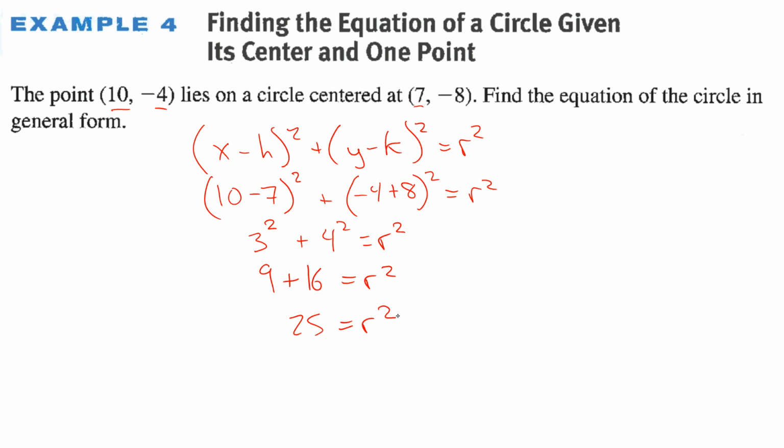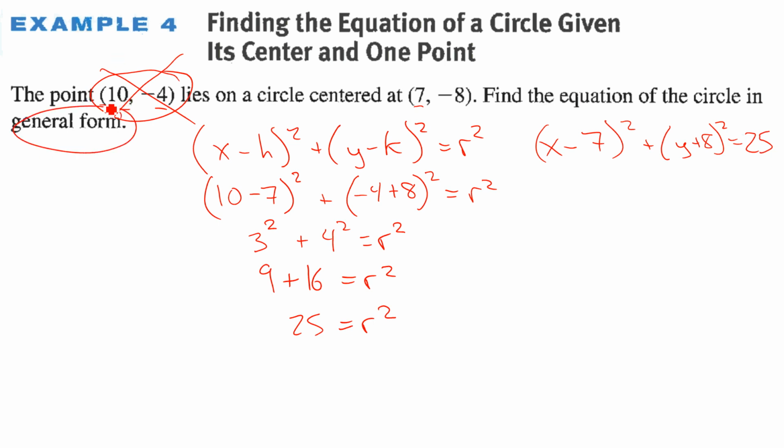So let's go back to our original equation with a general point, not this one anymore. So we'll say x minus 7 squared plus y plus 8 squared equals r squared, which we found out to be 25. All right, but we do want this in general form, so we're going to square everything and move everything to the left.